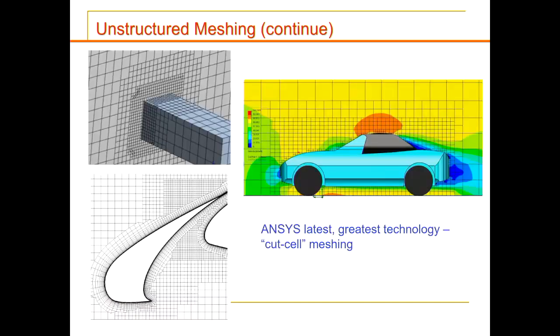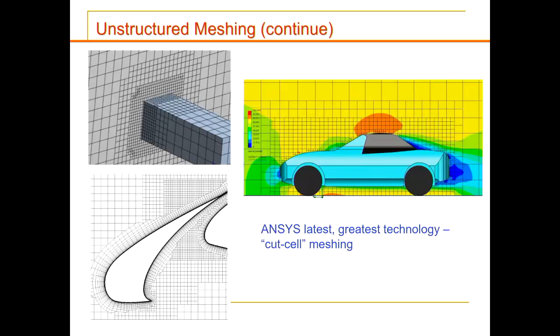So for unstructured meshing itself, you can have different types of meshing. This is the so-called cut cell meshing, where you can see now the mesh does not need to align with the other meshes, which allows the software to do a lot of innovative interpolation to get the results.